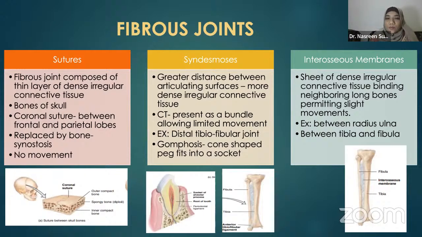The dense irregular connective tissue is present in the form of a bundle, so it allows slight movement. The best example is the distal tibiofibular joint. You can see here.